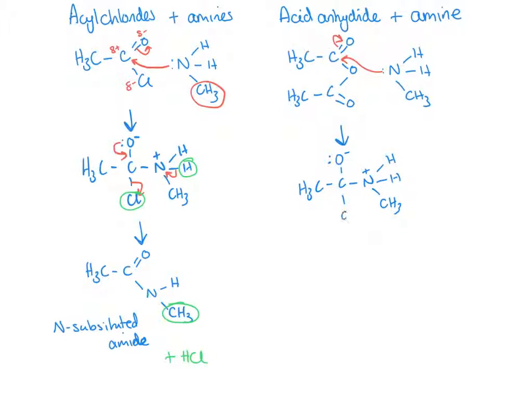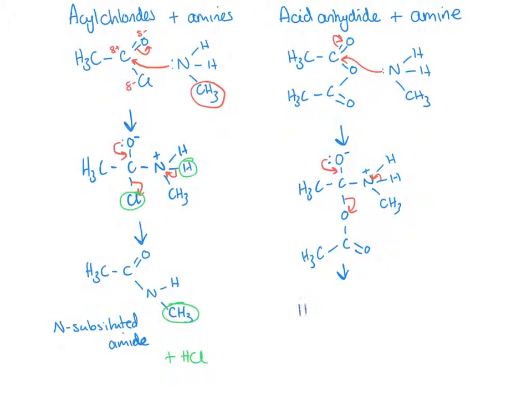And then everything else down here. To resolve itself, this group is going to leave. Those electrons are going to reform the bond, and one of the nitrogen-hydrogen bonds will break to put the electrons back onto nitrogen and get rid of that positive charge.